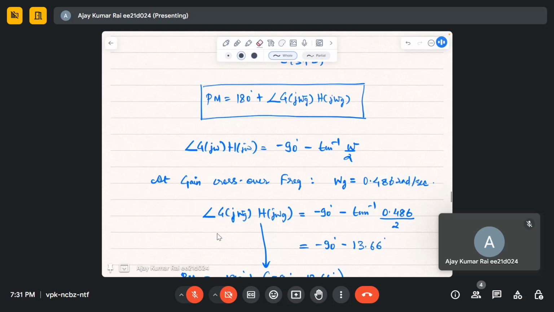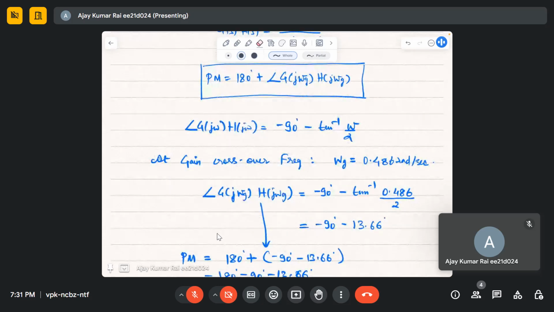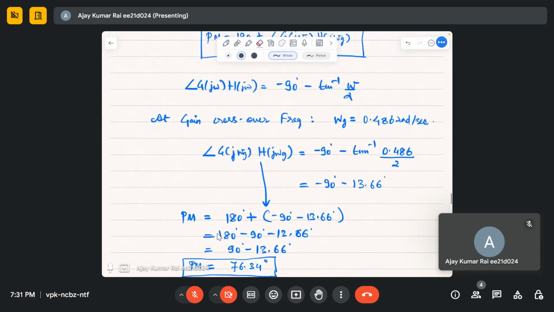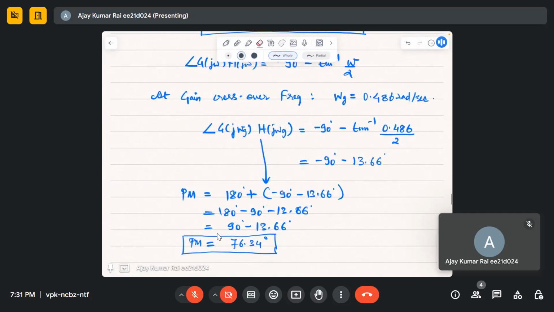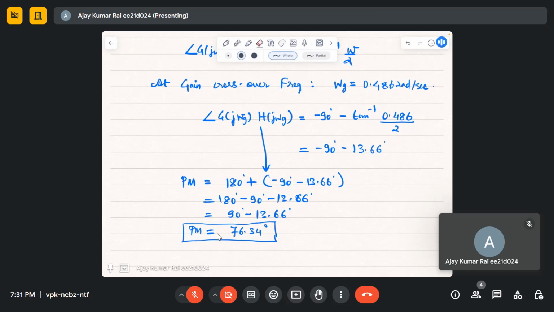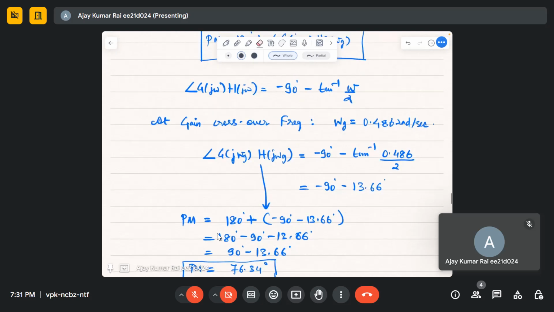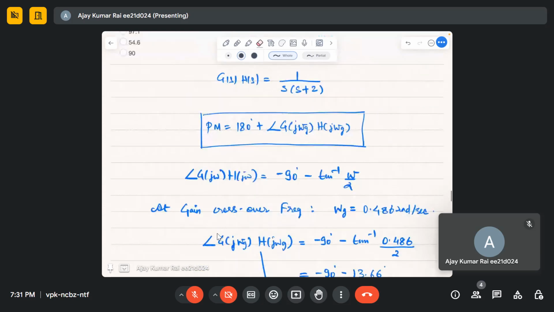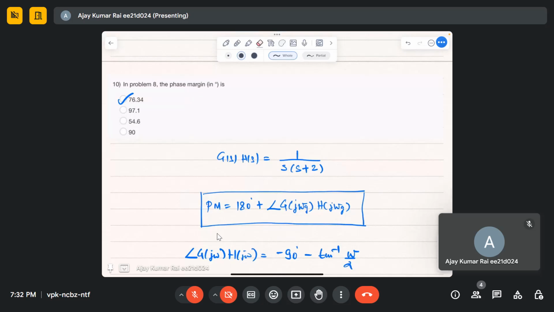If you put the value of omega g in this phase, you will get the phase at gain crossover frequency, which is coming out to be minus 90 minus 13.66, like 103.66 will be the phase, and phase margin is again 180 degree plus the phase at gain crossover frequency. So we are getting phase margin as 76.34. Okay, so any doubt in this question?